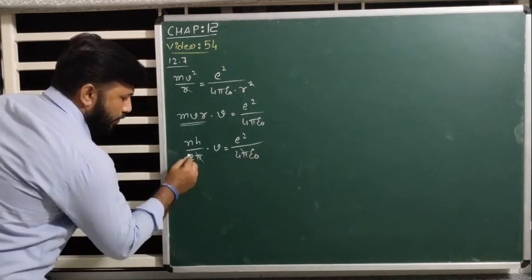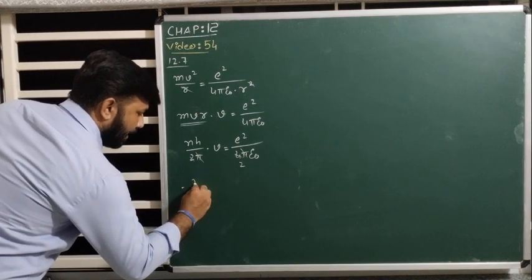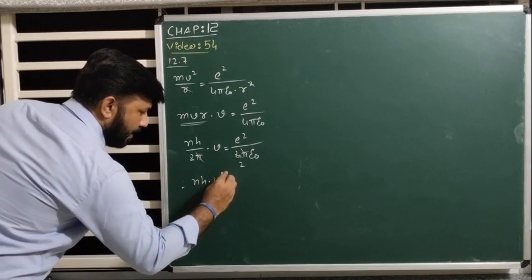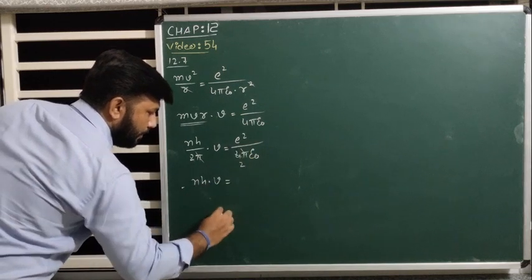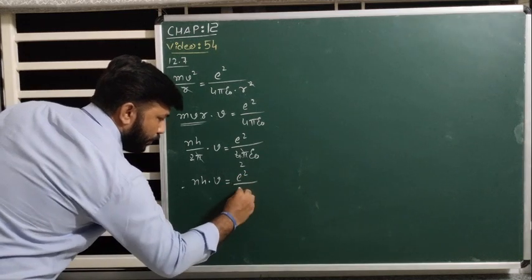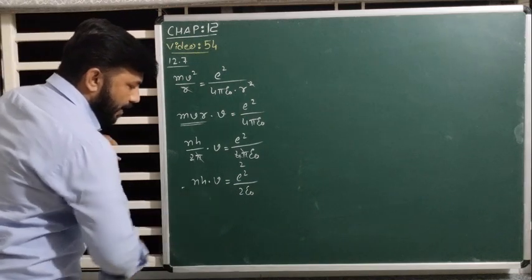Pi will cancel out, 2 2s are 4. So we are getting nh multiplied by v is equal to e square upon 2 epsilon 0. What to find? v.